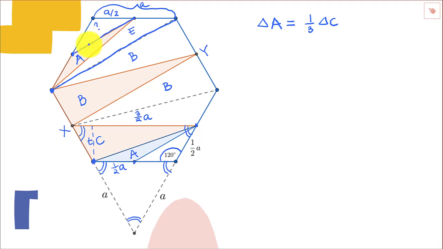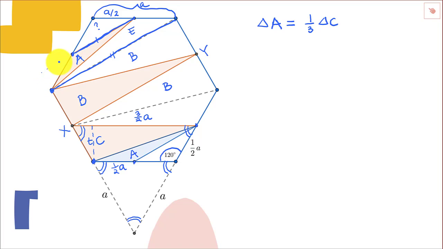So if we consider this as the base of triangle A, this guy is twice that guy, and the height of triangle A is exactly the same as the height of the triangle E. Why is that? So what is the height?